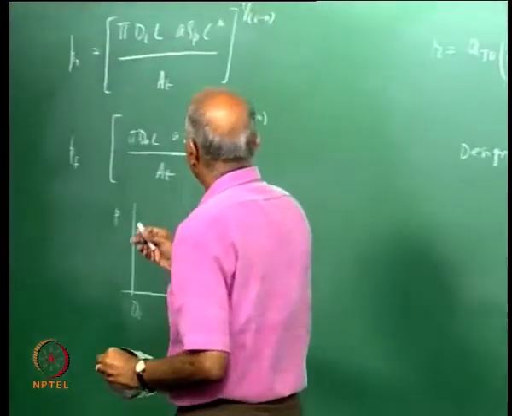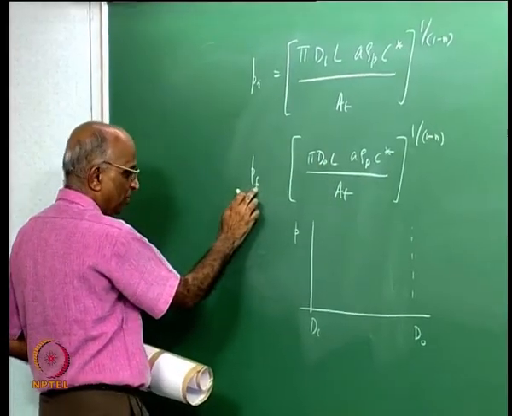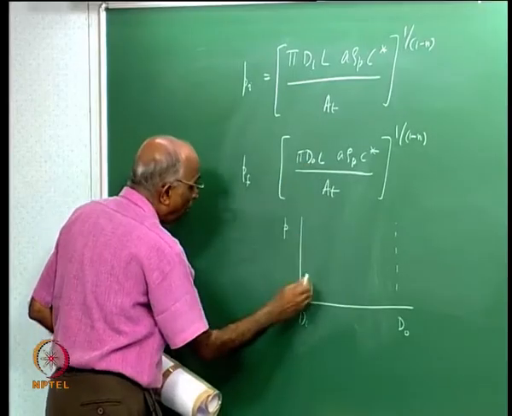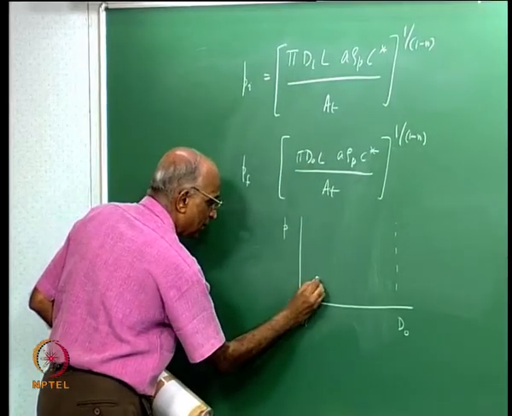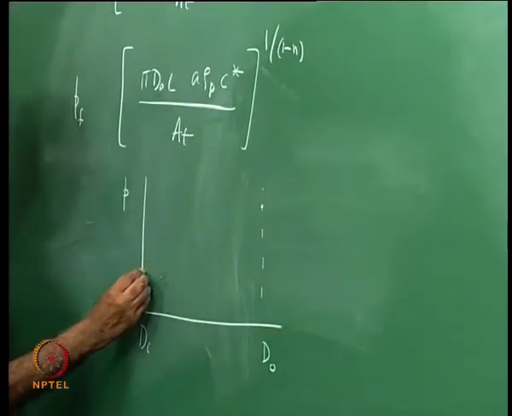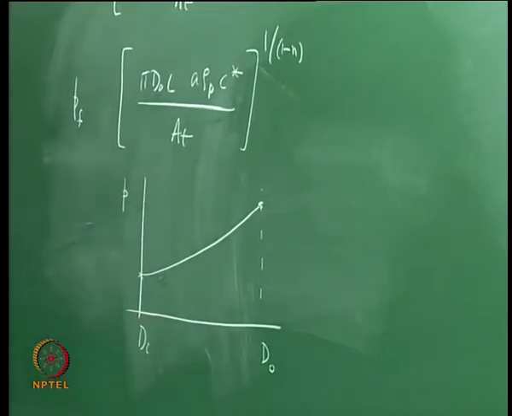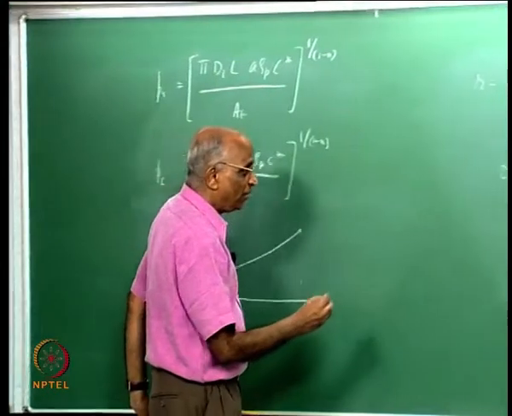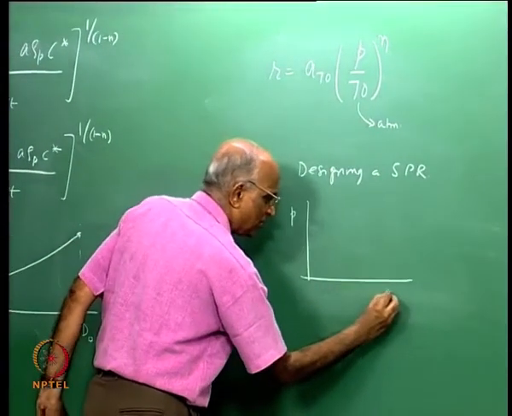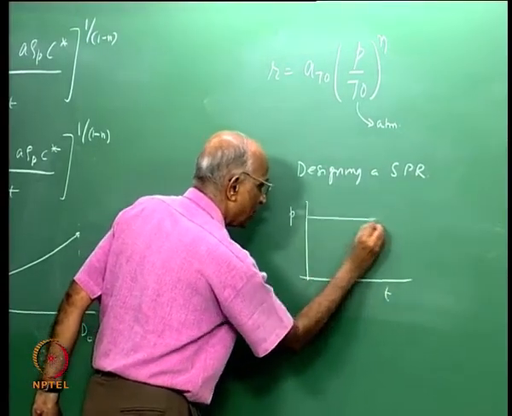When the diameter is d_i, the pressure is P_i. When the diameter is d_o, the final pressure is P_o, and I know that d_i is very much less than d_o. Therefore initially the pressure is this, let us say. When it reaches the final value, pressure could be higher, therefore the pressure increases. Whereas in the end burning grain, what did we have? We found at all values we had the same pressure, versus, let us say, time, I had a constant pressure.